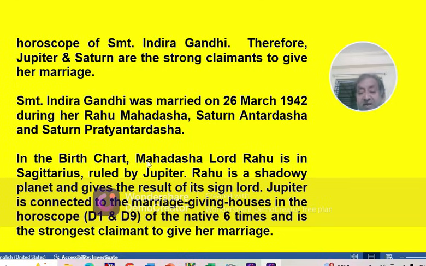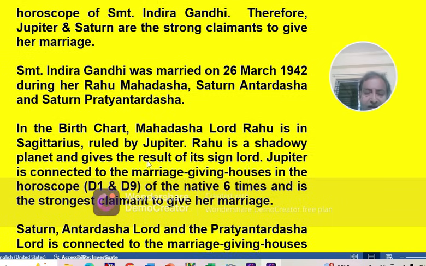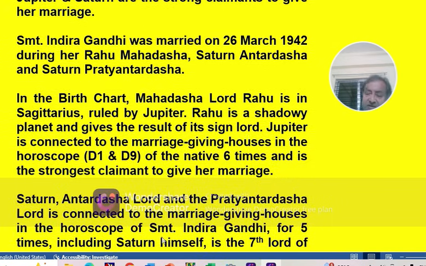Srimati Indira Gandhi was married on 26th March 1942 during her Rahu Mahadasha, Saturn Antardasha and Saturn Antardasha. In the birth chart, Mahadasha Lord Rahu is in Sagittarius, ruled by Jupiter.